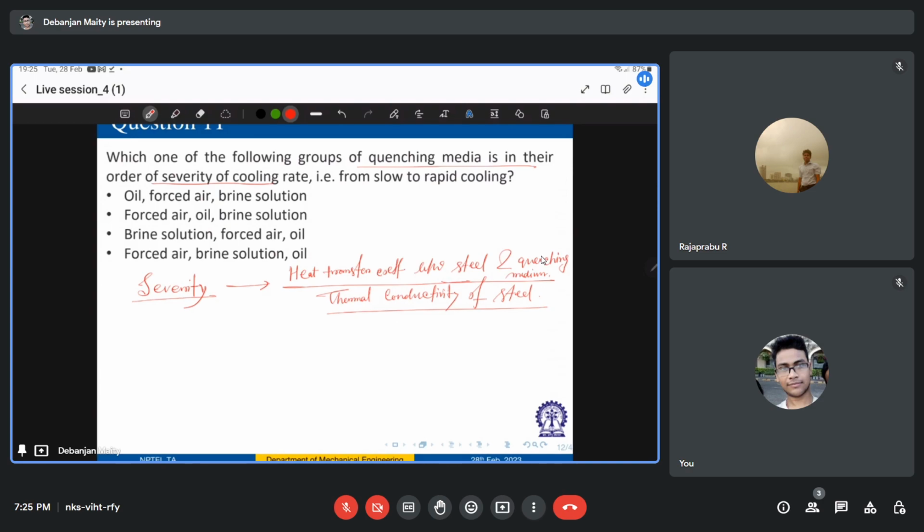So it becomes different for different quenching media. The ideal medium will be one which will convert to martensite instantly. So in terms of severity, there is brine solution first.